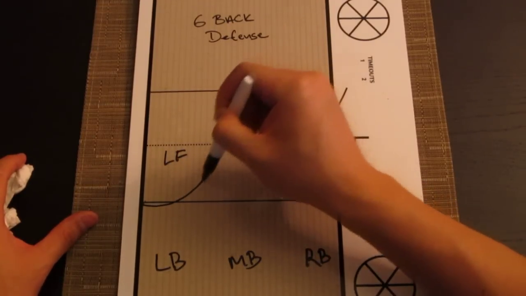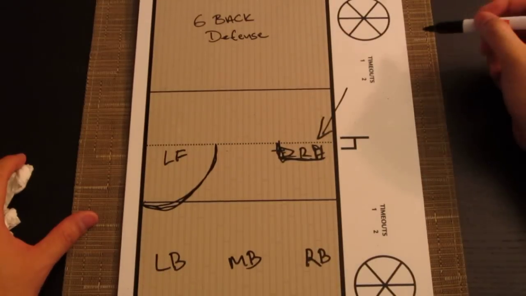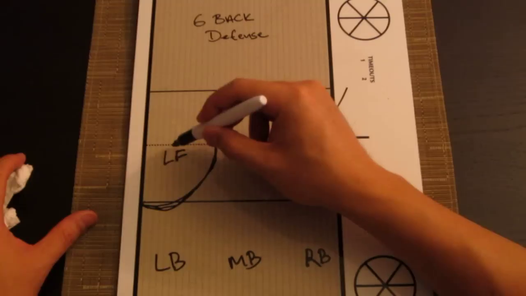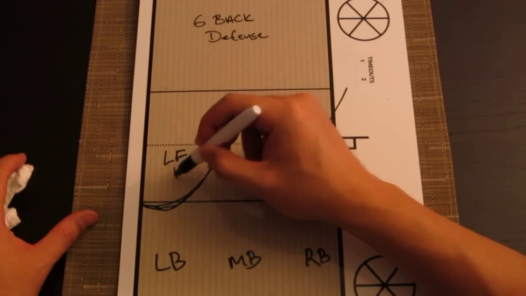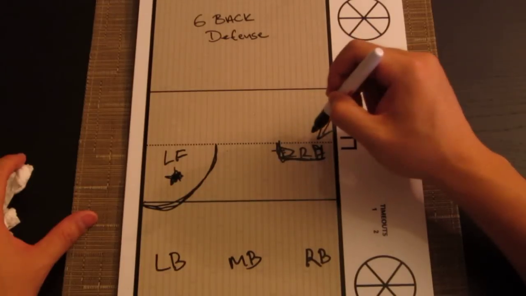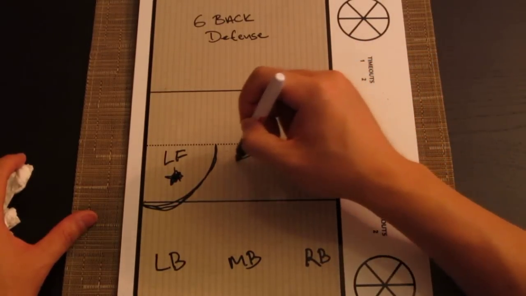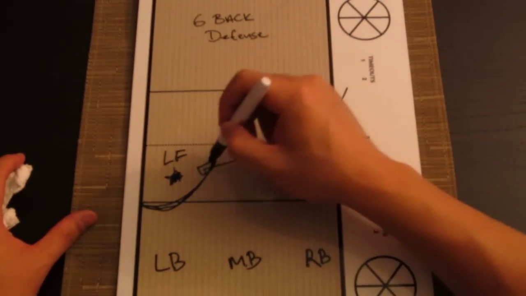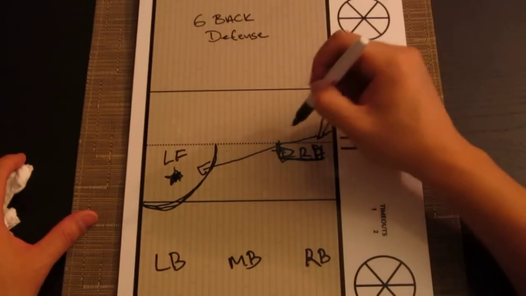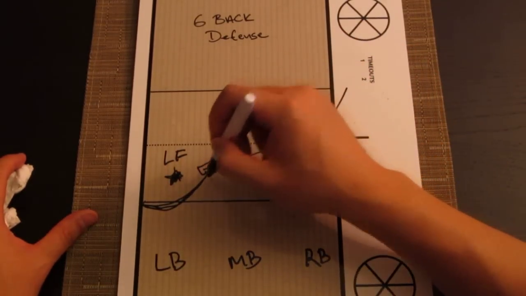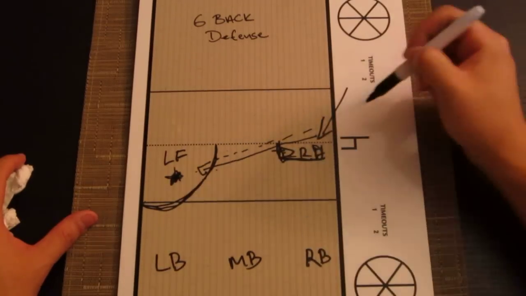They have this responsibility here. So the left front player essentially will drop off the net and come around this area, and they're going to be responsible for taking any sharp angle shots from this left side attacker, or any type of tips or roll shots that come here.